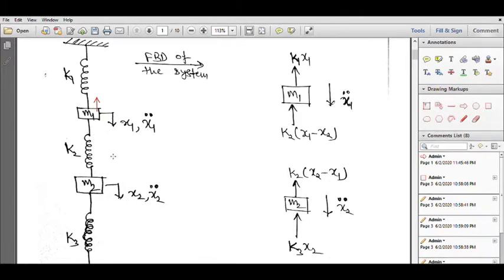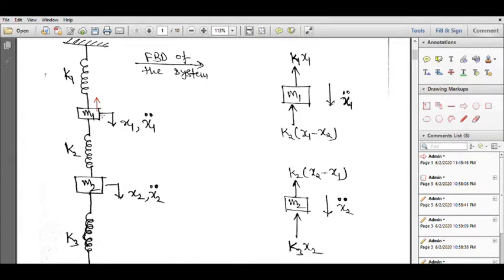The amount of force generated in the spring K2 will be K2 into the net deformation of the spring. Now, how much is the net deformation of the spring K2?